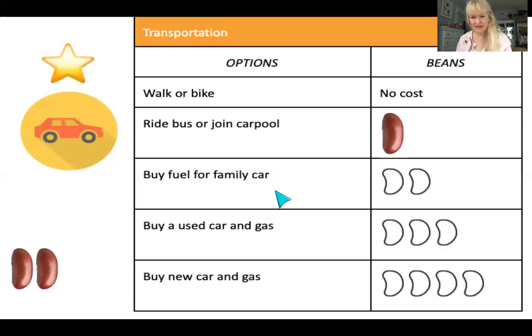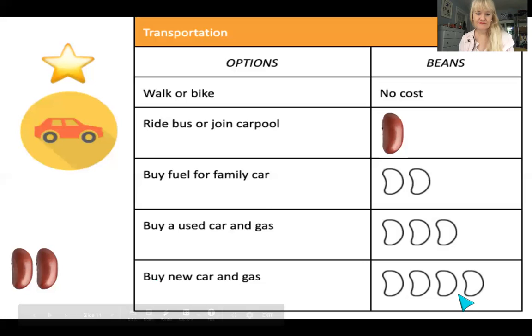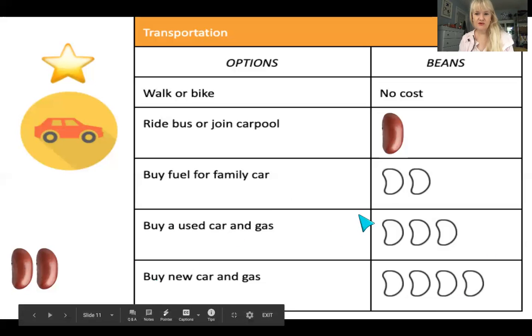That costs 2 beans. The next choice says buy a used car and gas. That costs 3 beans. And the most expensive says buy a new car and gas. It is very expensive to buy a new car. So that costs 4 beans. So you can see that I chose to spend 1 bean. That means I have 3 beans that I did not spend.